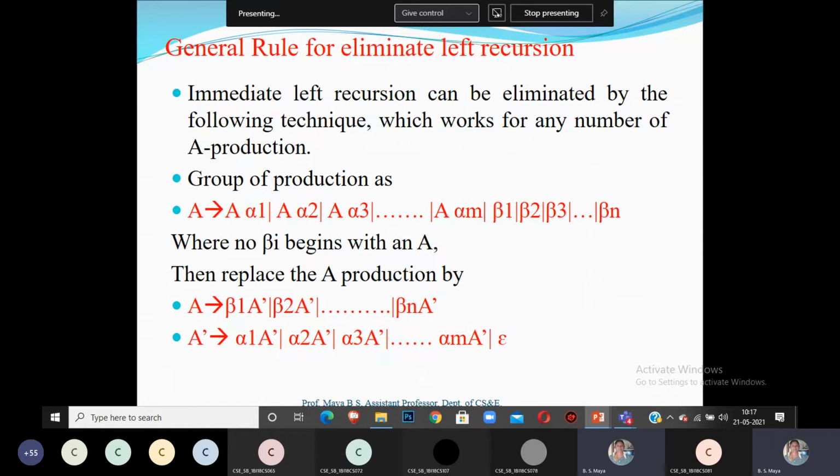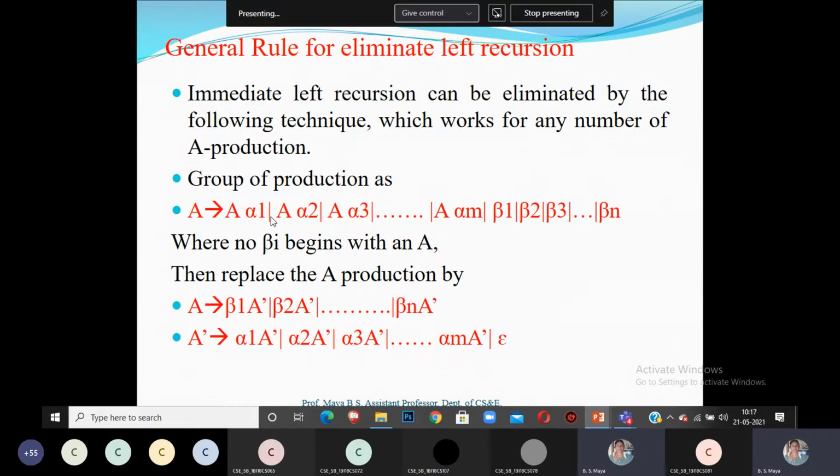Then replace the A production by: capital A derives beta 1 into new non-terminal A dash, beta 2 into A dash, up to beta n A dash. Now, what is A dash? A dash derives the remaining part.